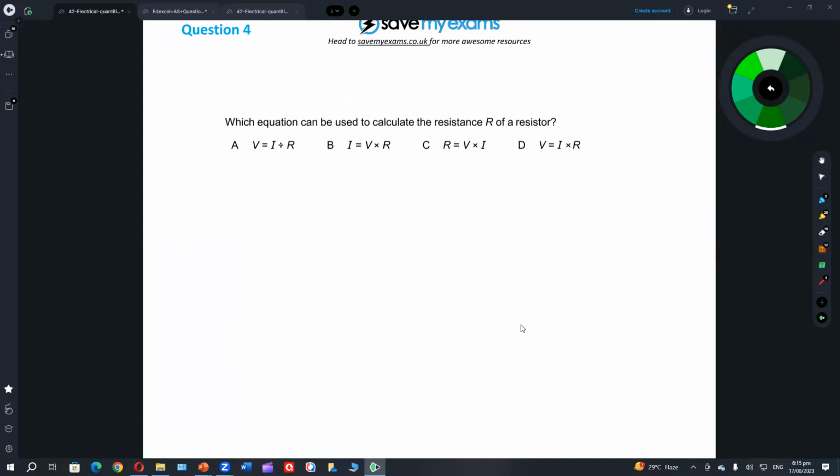Which equation can be used to calculate the resistance of a resistor? Ohm's law. This is an easy question.